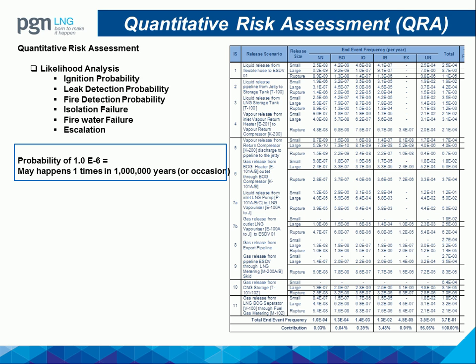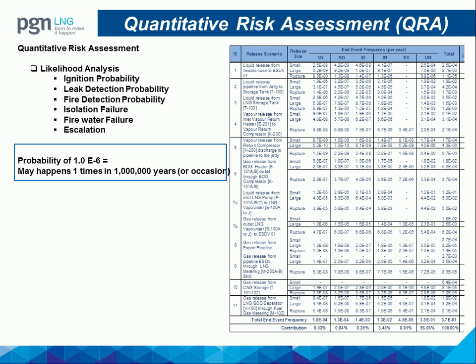So if you see 1 to the power minus 6, or e minus 6, it means literally or figuratively that it may happen one time in a million years or occasions, but this one time can happen 1000 years from now, or it can happen 1 minute from now. So you need to understand this numerical value.